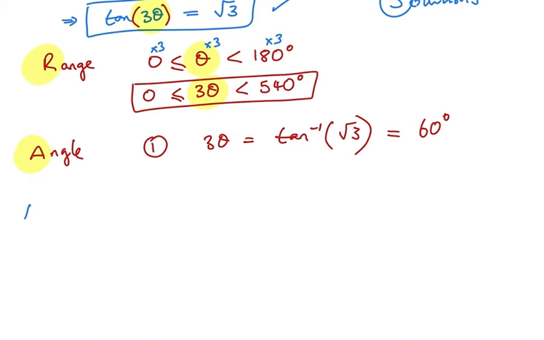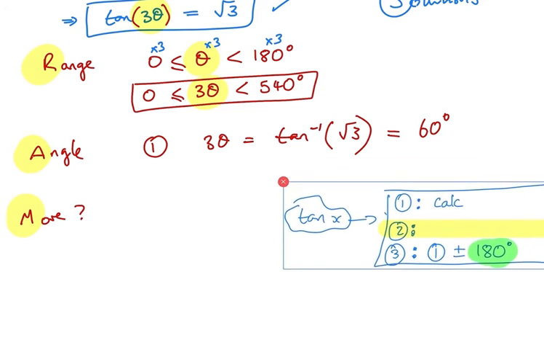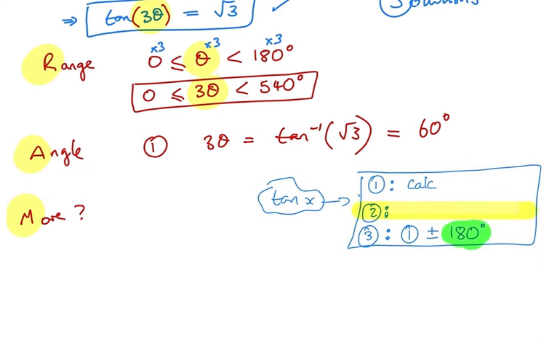Okay, so M stands for more. Are there more angles? Okay, and now for this, we need to just remember our rules for tan, don't we? That was in the previous video. So for tan, to find our first angle, we do the calculation. We've done that. Great. Tick.